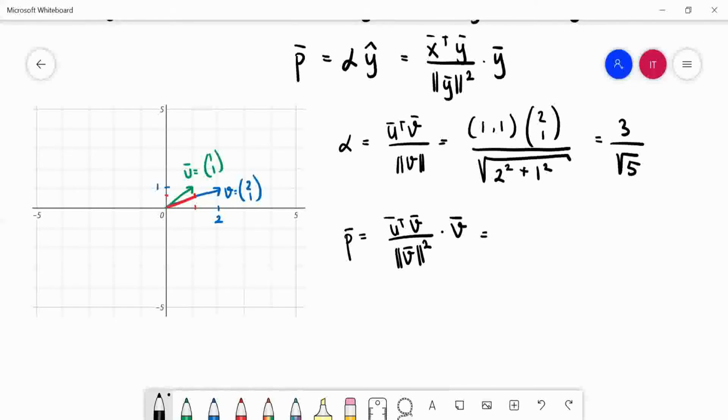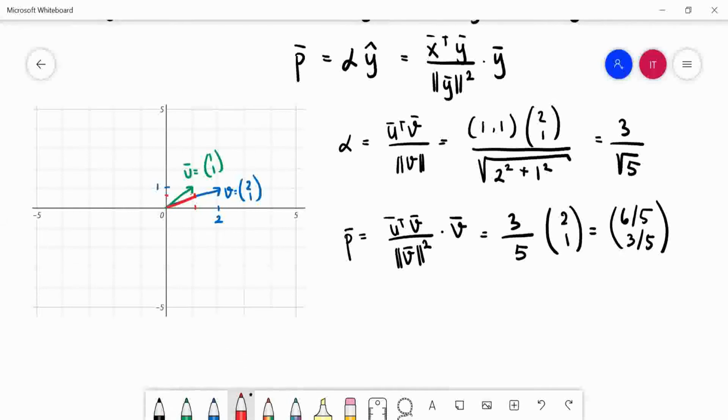And because the dot product here is the same as above, we have 3 here, and the one below we can just square. So it's 5, and then the vector v is 2, 1. And here we have 6 divided by 5 and 3 divided by 5 for the vector projection, which is also the same as the number here and here.